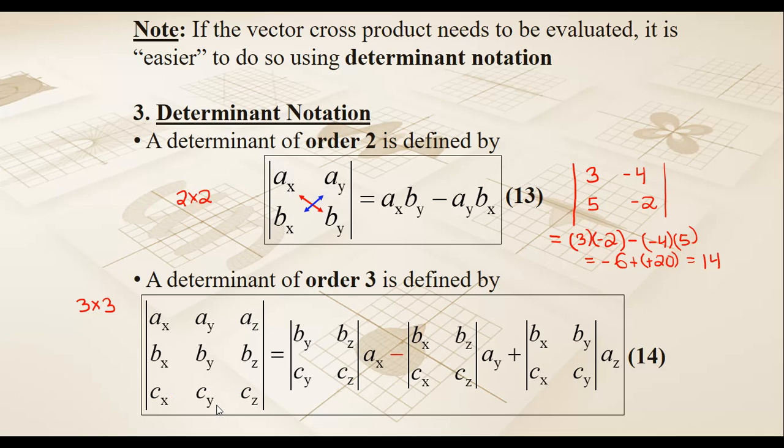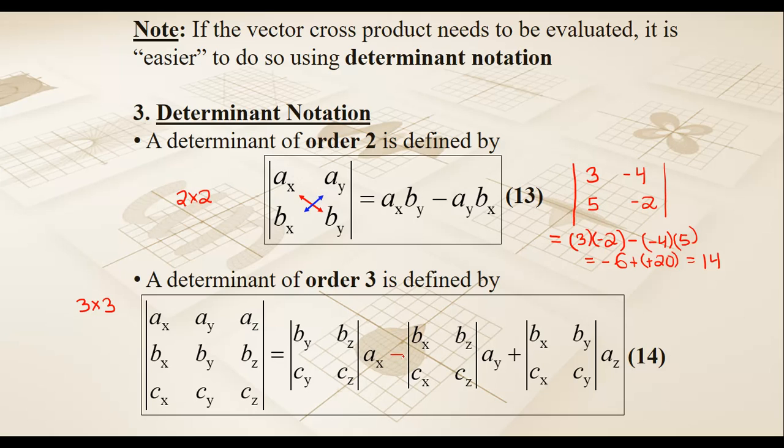Now, it turns out if you want to figure out the determinant of a 3 by 3 table, you can break it into a bunch of order 2 determinants. The way we break it down, I'll show you a trick to memorize this in a second, is you'd figure out the determinant of BY, BZ, CY, CZ, multiplied by AX.